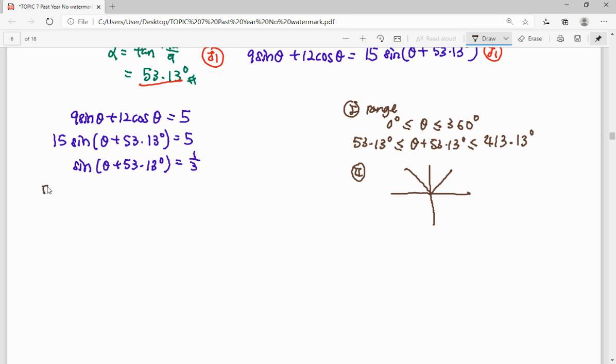Then step 3, we go for basic angle. So for basic angle, move the sine to the right hand side, it will be shift sine 1/3. So our basic angle reading here is 19.47. So this is our 19.47.